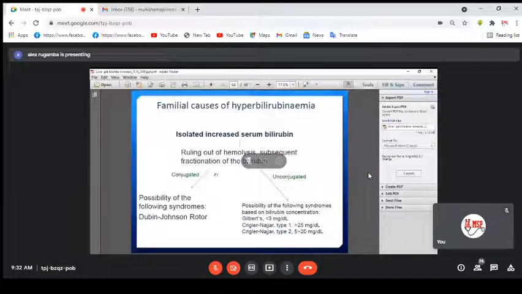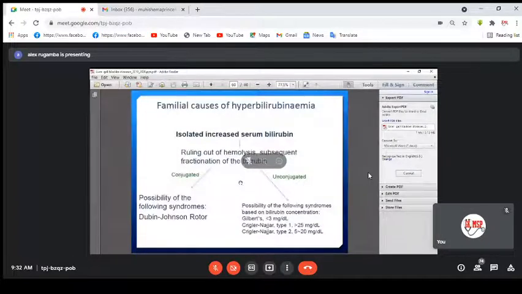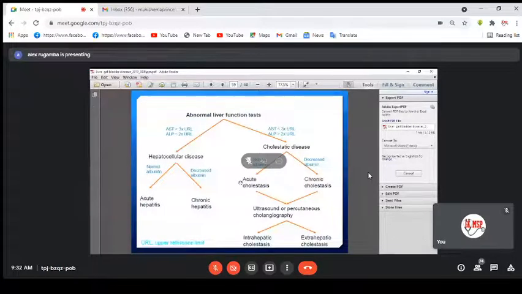I would like you to help me understand more the previous slide, those abbreviations. I'm not understanding them. Which one? This one? Yes, those abbreviations which have been used.